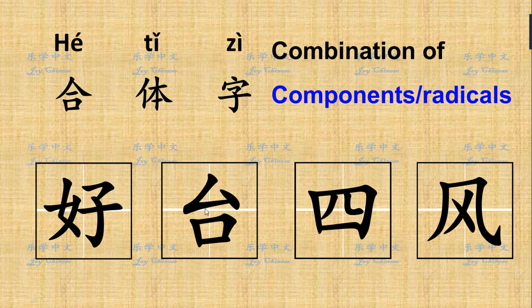And here you can see it's also two parts. Although this one doesn't mean anything, it is a part, or we call it a radical. The same for these two characters. So for 独体字, you cannot separate it. It's all together. But for 合体字, you can separate it into different parts, different components, and it has radicals.